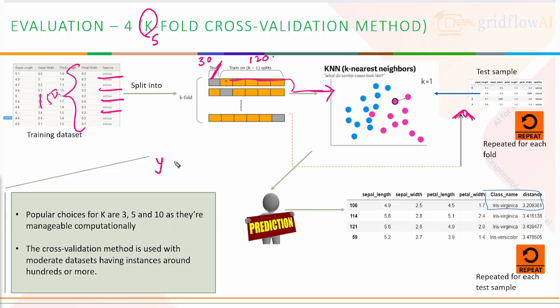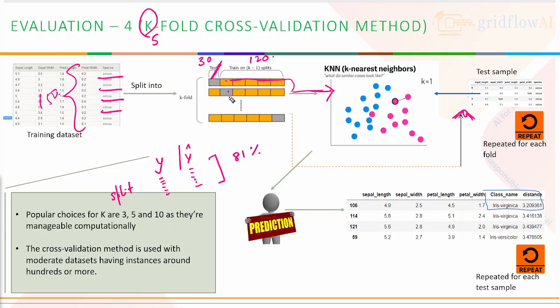So you have y hat, and this is split number 1, and split number 1 has 30 such results, and then you have an accuracy, let's say 81%.